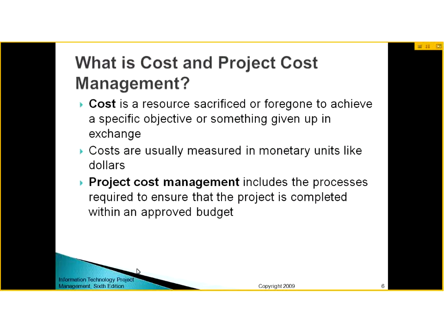What is cost and project cost management? Cost is a resource sacrificed or foregone to achieve a specific objective, or something given up in exchange. And this cost is measured in monetary units like dollars. The project cost management knowledge area includes the processes required to ensure that the project is completed within an approved budget.